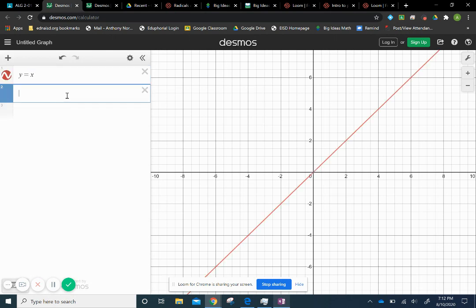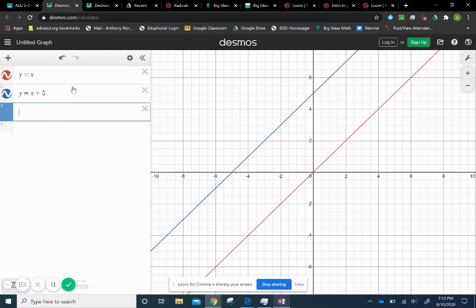So if we want to shift up any number of units, and first again, boom, we've gone up 1. If we want to go up 5, go plus 5. If we want to go down 5, we put the same thing again. Control A, Control C, Control V because I'm lazy. It goes down 5.